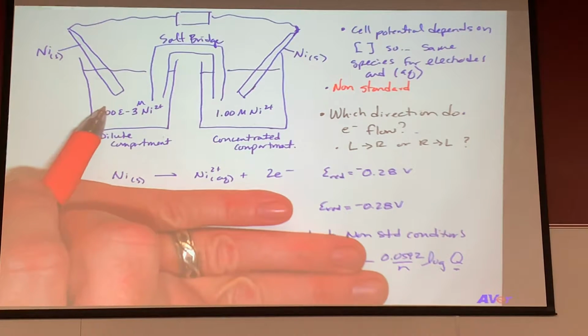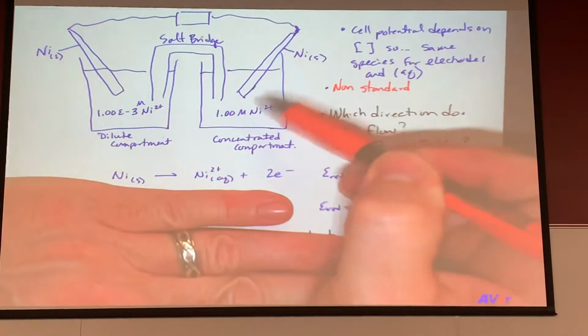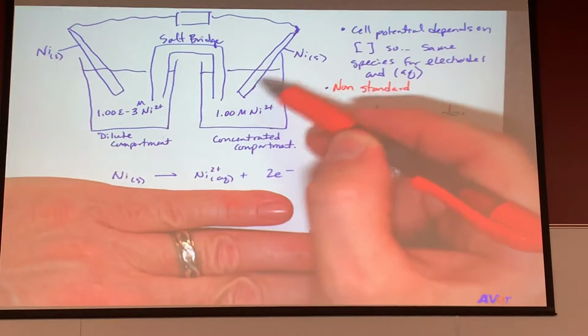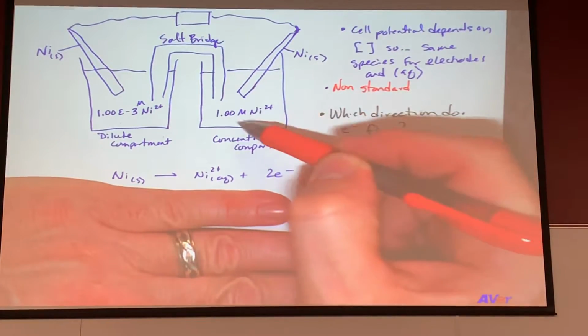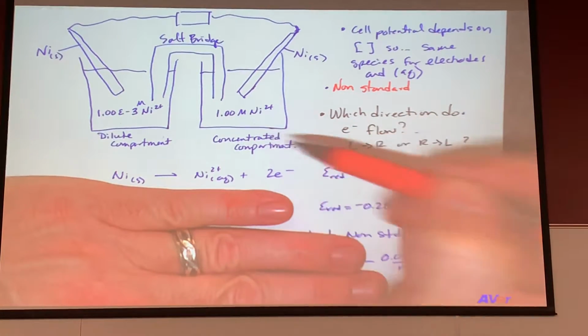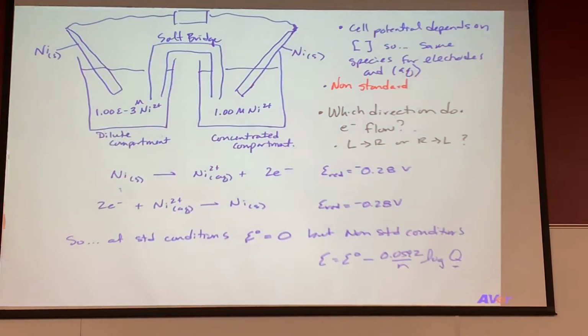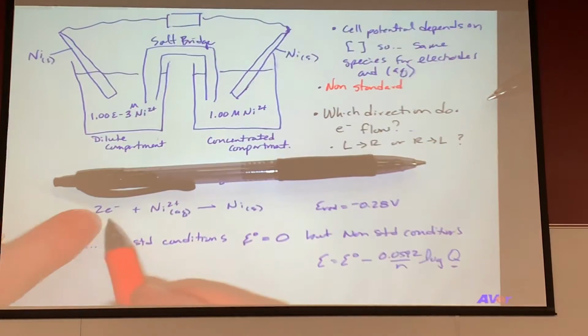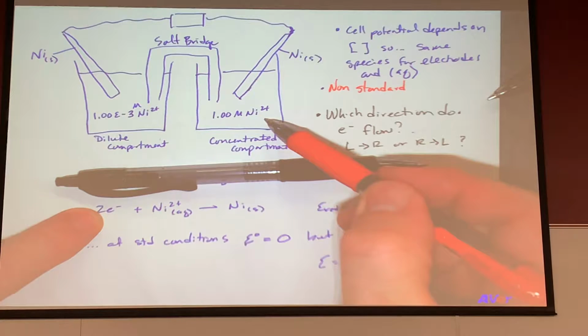Up, okay. If you send those electrons to the right and you build up charge on the outside of this electrode, you've got a high concentration of nickel on the right side compartment, the concentrated compartment. So if I then take those extra electrons and I start pulling nickel out of solution, what happens to the concentration in this compartment? It goes down.